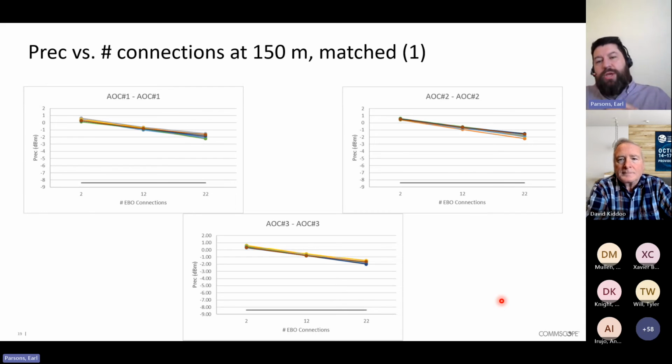if you have multiple of those in a path, you don't want to predict their loss by adding the max loss of them all together. So say your max loss for some connector was half a dB, and you have 4 of those, you wouldn't expect the total loss to be 2 dB, 4 times the 0.5. The best practice is to look at the distribution and add that up statistically to predict what your loss is.